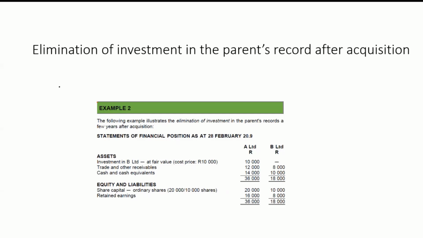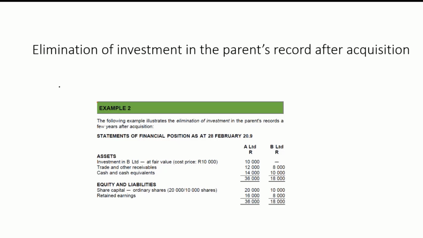Then share capital. When I combine share capital, I'm going to get 30,000, but I know I'm going to have to eliminate the 10,000. Then investment in B Limited, 10,000 plus 0, giving me 10,000, but I know I have to eliminate it. Then you also combine retained earnings, 16,000 and 8,000, to 24,000.